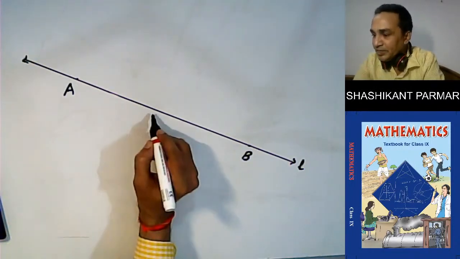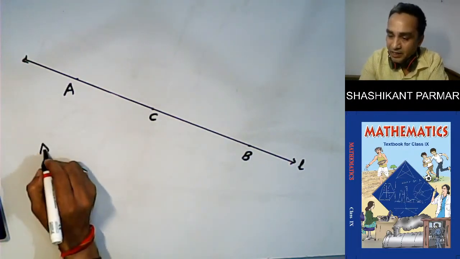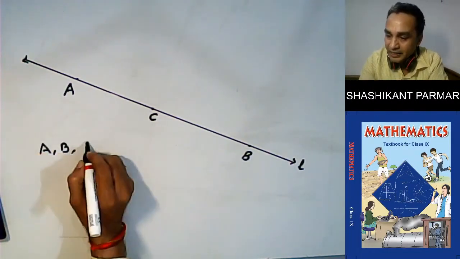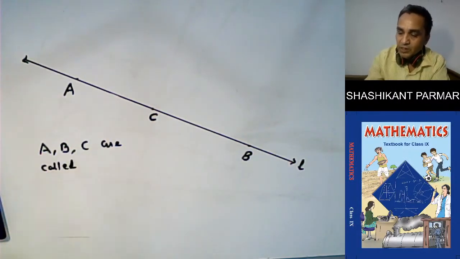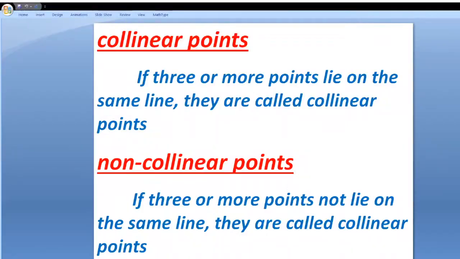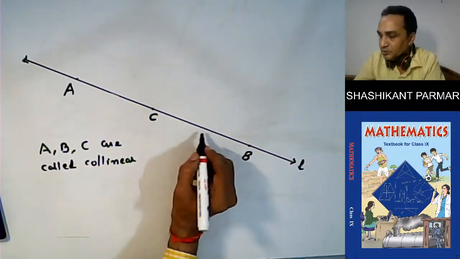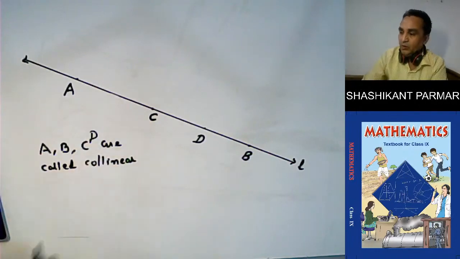But if another point C is anywhere on the line, then A, B and C are called collinear points. Three or more points, let me take more points. So D. Then A, B, C, D are collinear points.